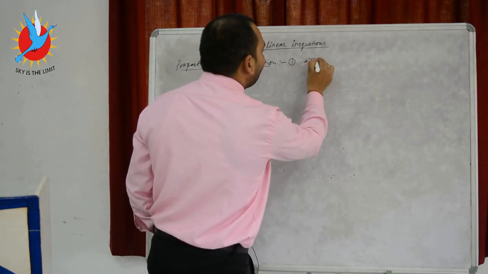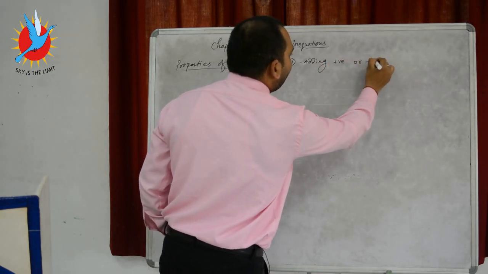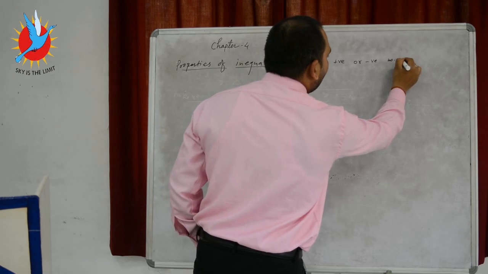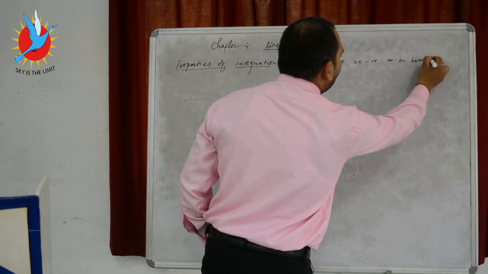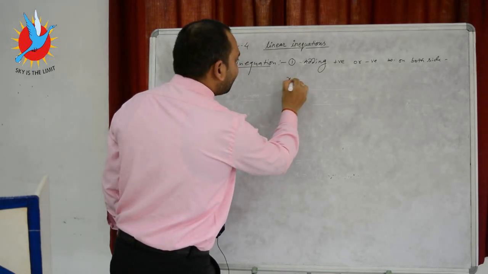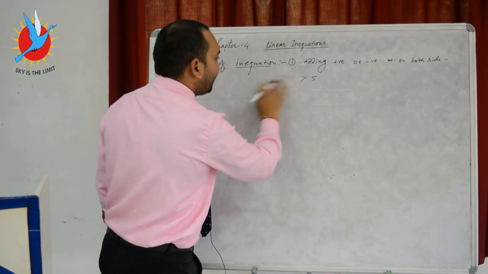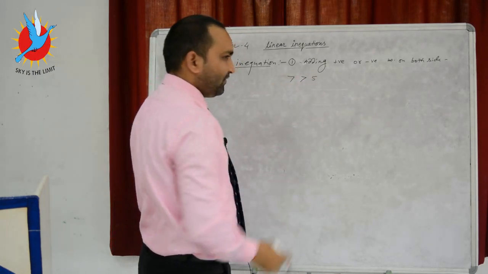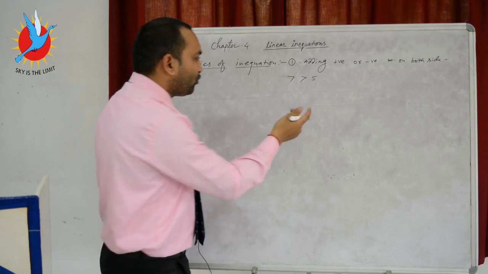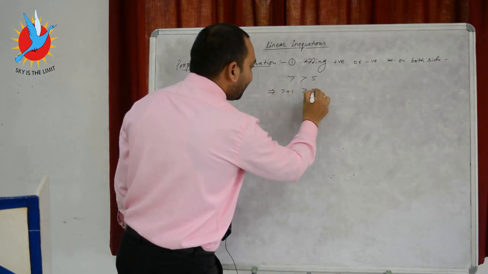Adding a positive or negative number on both sides. So x is greater than 5, or you can take 7 is greater than 5. If we add the same number on both sides, see 7 plus 1 is greater than 5 plus 1.